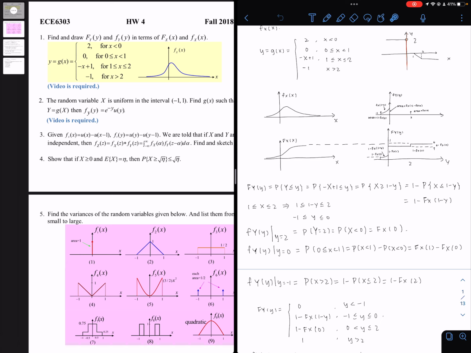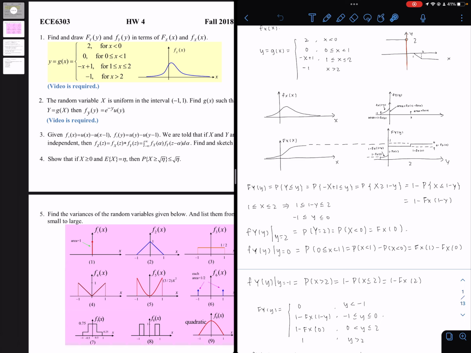And when that y is related to x, we can substitute y with minus x plus 1, and therefore that is the probability when x is larger than 1 minus y, which is the complementary part of the probability when x is less than 1 minus y.